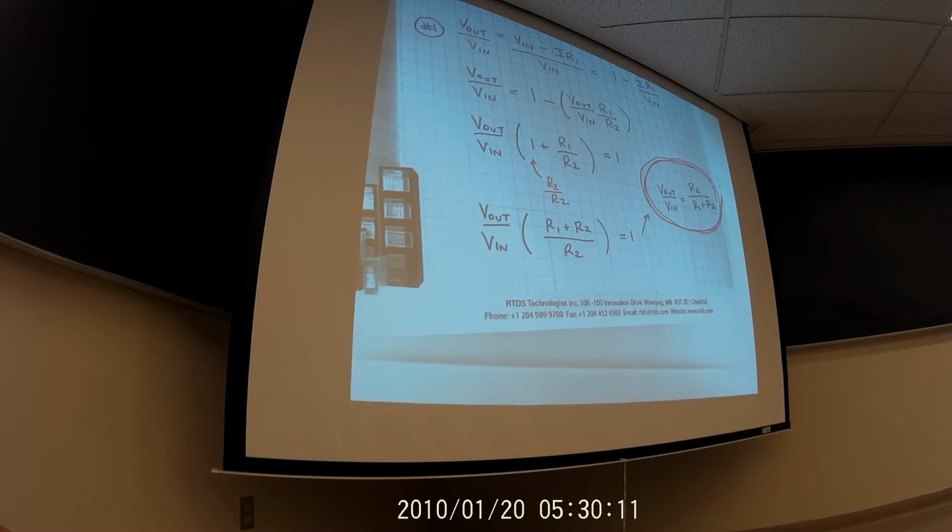I'm not going to ask you on a quiz to derive the transfer function for a voltage divider. What I might do is ask you to give me the transfer function for a different type of circuit. And so those general skills, the ability to combine those equations together, will come in handy.